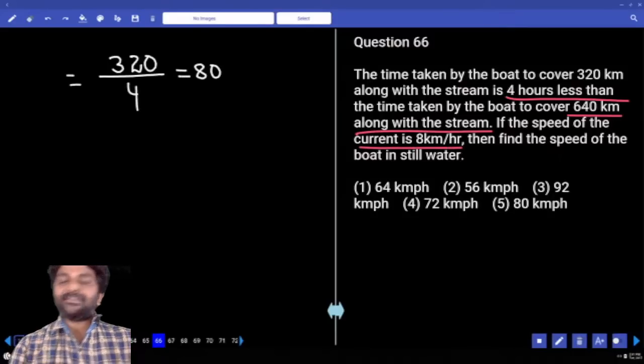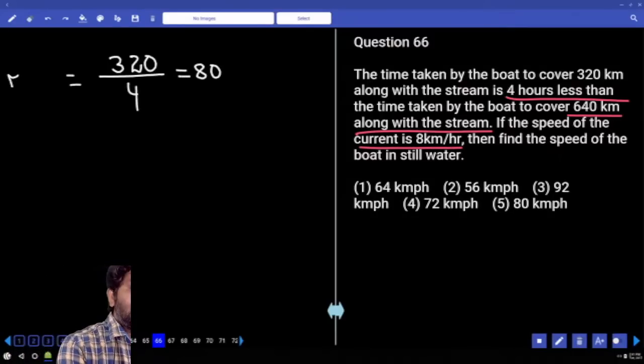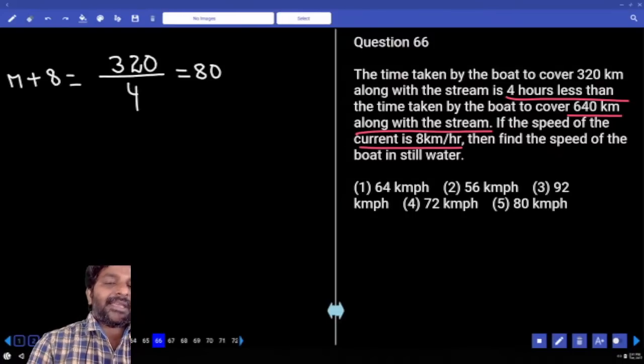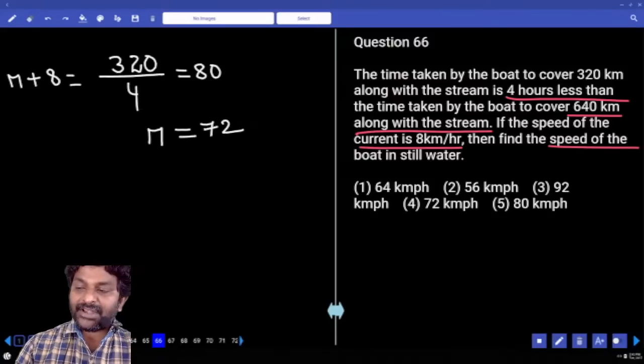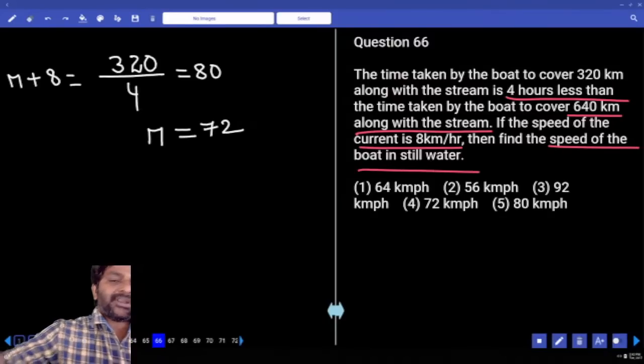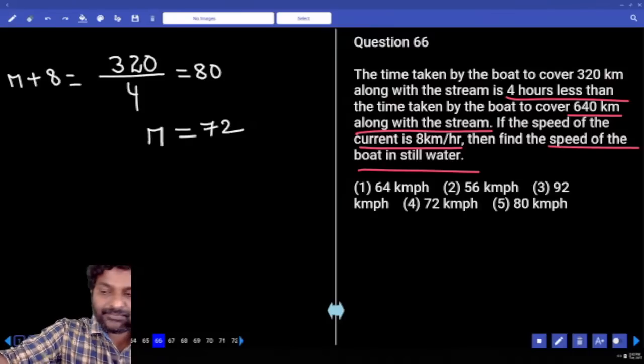Now, the speed of the current is 8. That means M plus S, S is equal to 8. M plus S is equal to 80. M is equal to, now the question is to identify the speed of the boat in still water. M is equal to 72. Are you done?